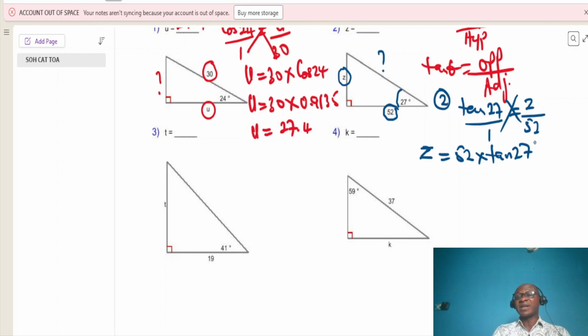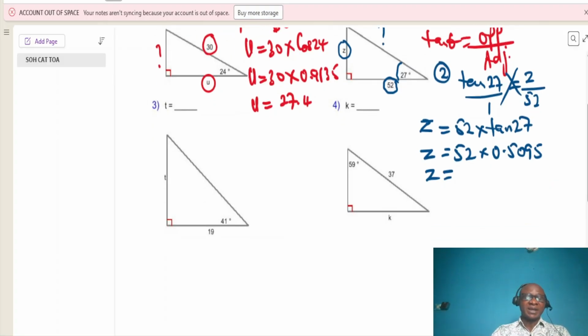With my calculator, I can find the value of tan 27, and tan 27 will give me 0.5095. That is what I will multiply with 52 to get the actual length of Z.